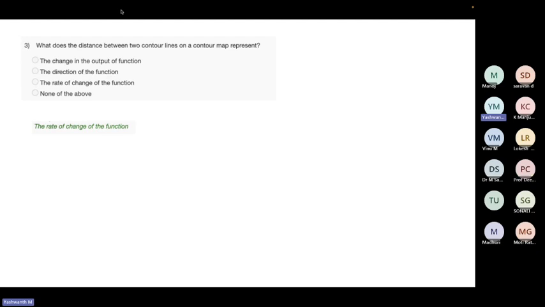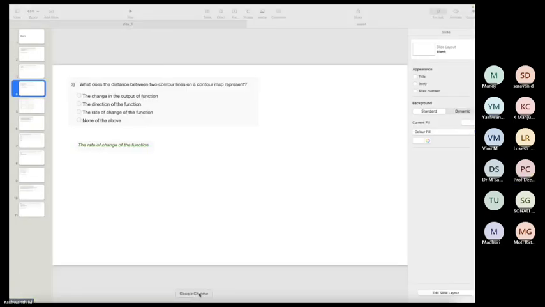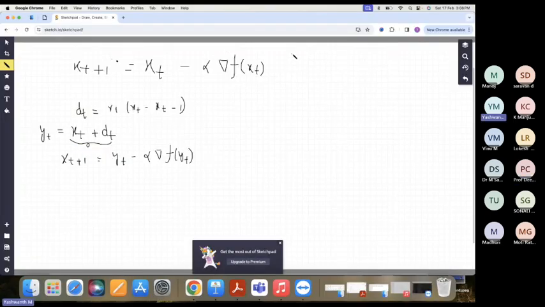Now, what does the distance between two contour lines on a contour map represent? So what is a contour map? Let's say f of x comma y is x square plus y square.